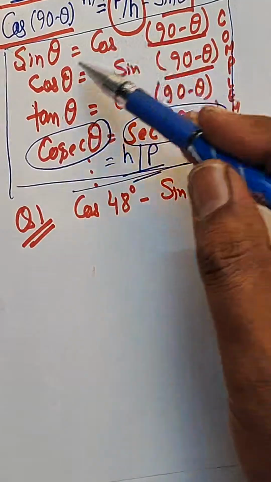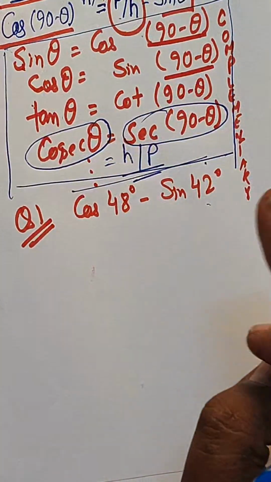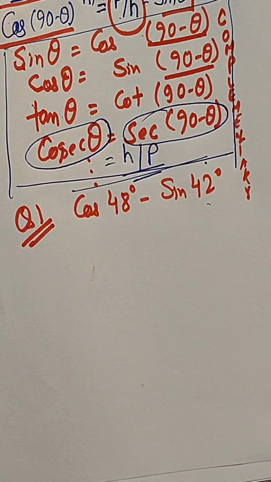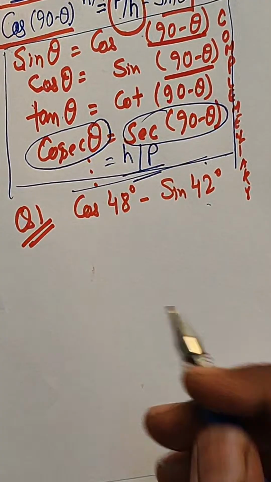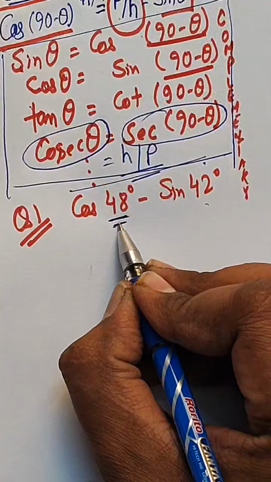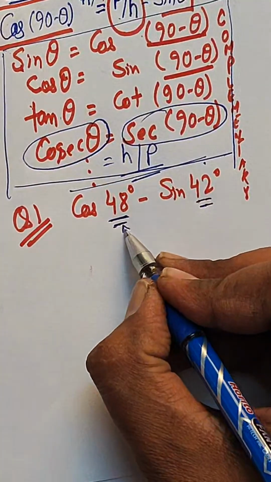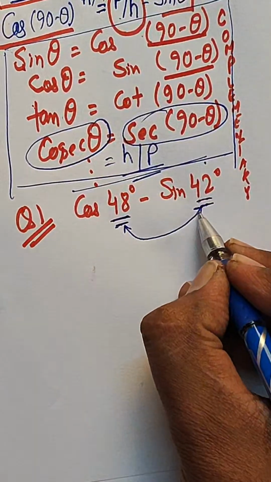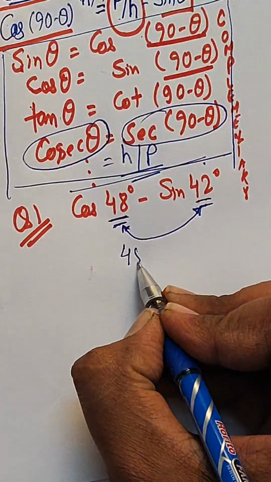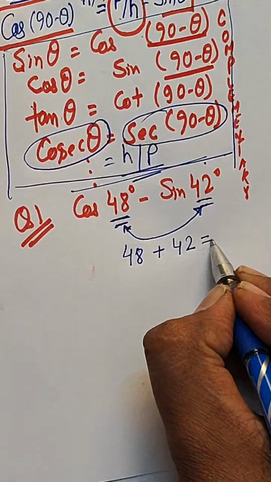Okay, how they are related. The sum of an angle and its complementary is always equal to 90. Just remember this, right? Now, if you take this angle of 48 degree and this 42 degree, just see these angles. You can see 48 plus 42, what is it?